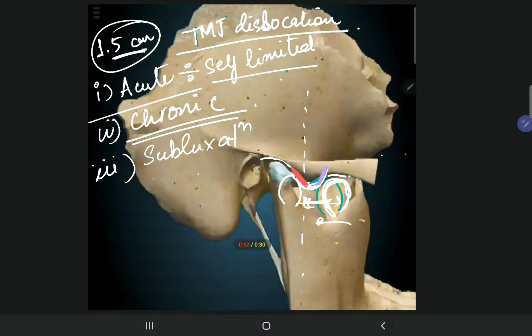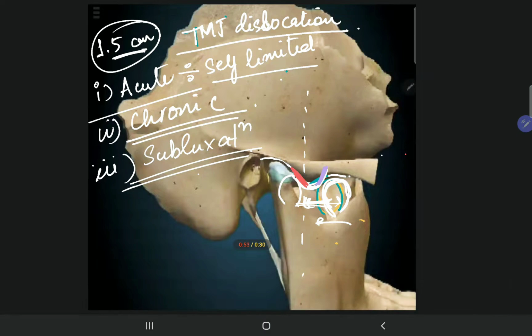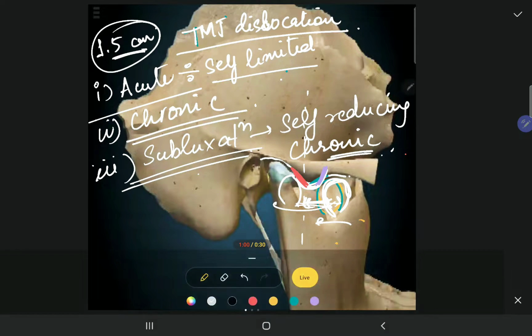Subluxation is the hypermobility of the temporomandibular joint when there is a chronic reoccurrence of the TMJ dislocation, when the condyle gets stuck here again and again, but it comes back. So, it is self-reducing, chronic reoccurrence of the TMJ dislocation.